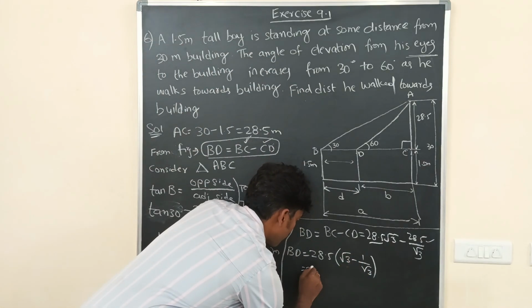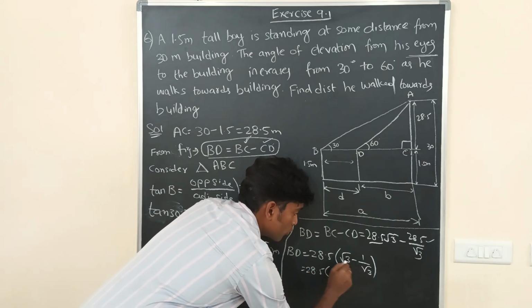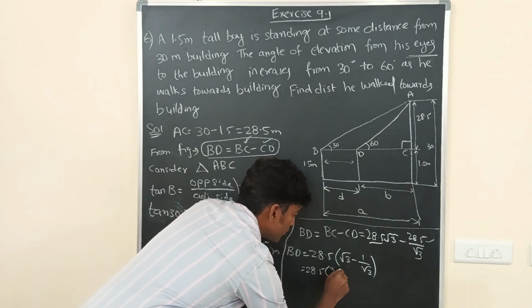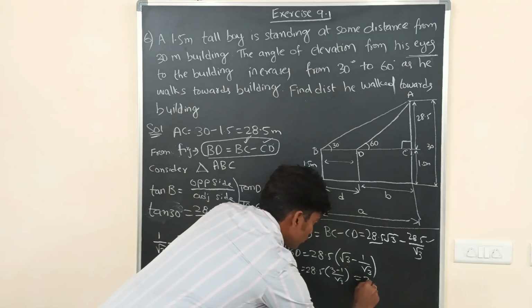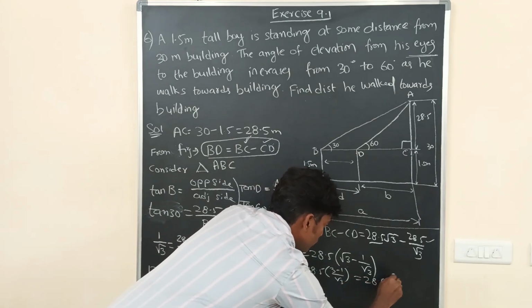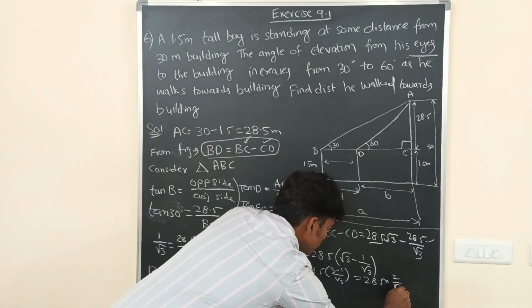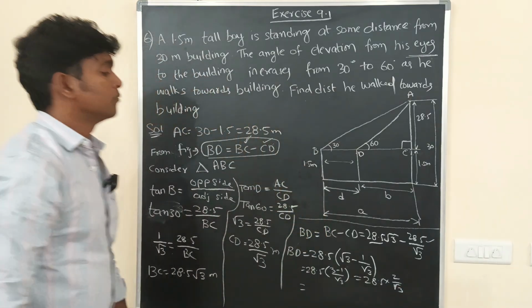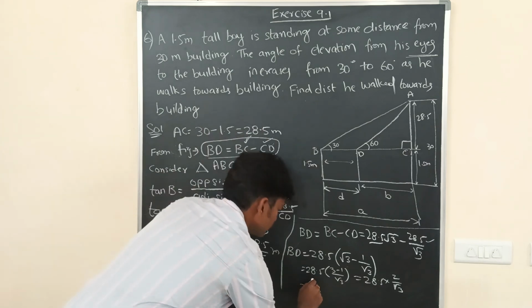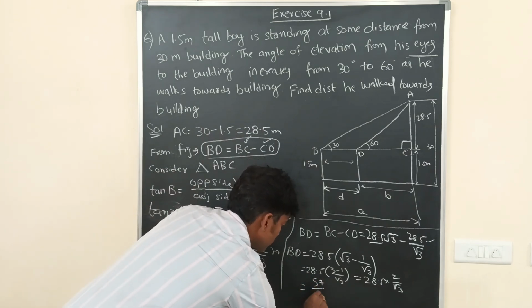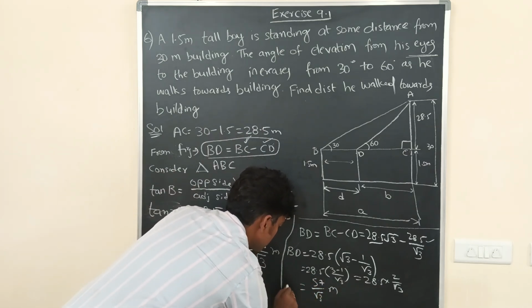That is 28.5 into 3 minus 1 by root 3, which is equal to 28.5 into 2 by root 3. Okay, what do you get now? 57 by root 3 meters.